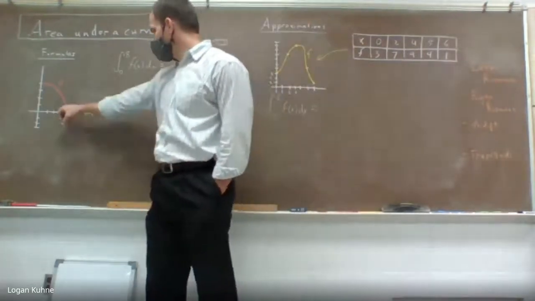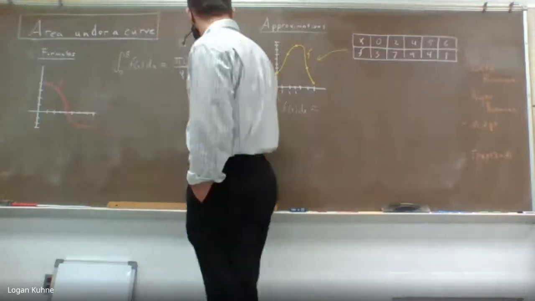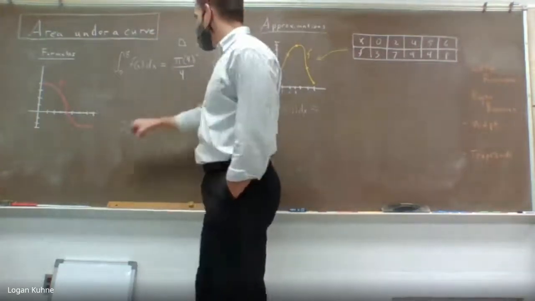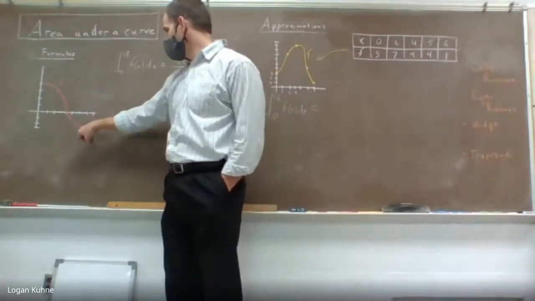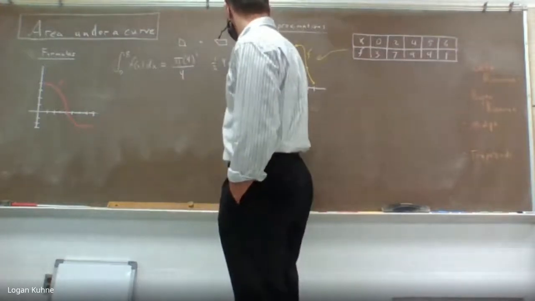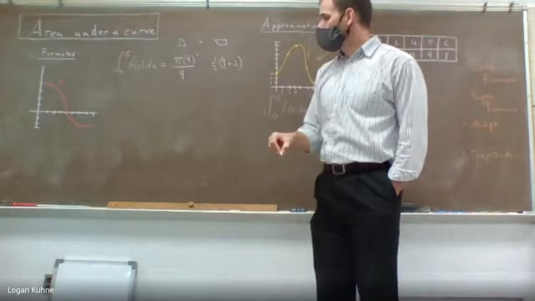In this case, base 1 is going to be this way, isn't it? 1, 2, 3, 4. Base 2, 1, 2, right? Times the height. What's the height of this?